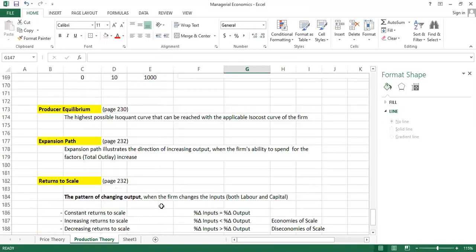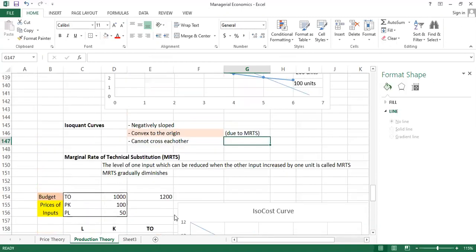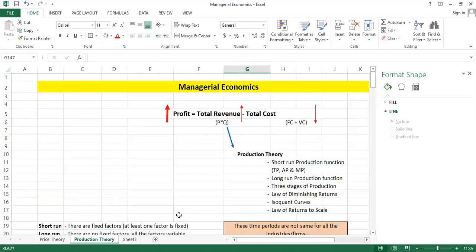So here we have discussed the key concepts relating to production. Then we can move to the cost of production. Maybe we can take a short break, and after the break we'll discuss the cost of production.